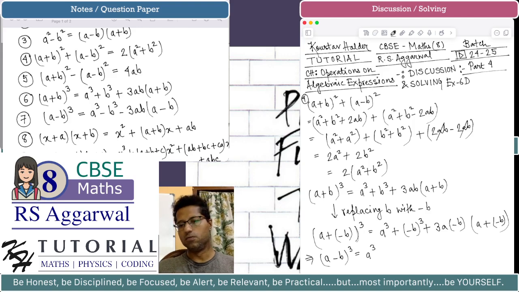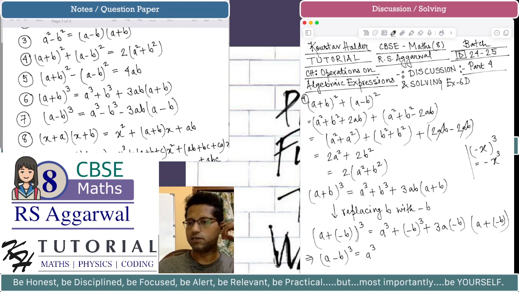Now minus B cube, from the laws of exponents, you know that minus x to the power 3 will be equal to a negative of x cube, because the power is an odd integer. Power 3 is odd, so it becomes negative of x cube.